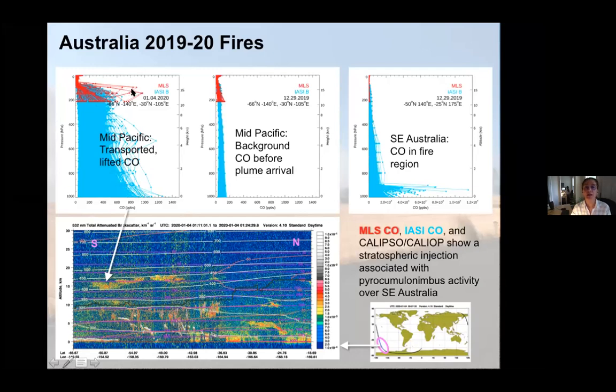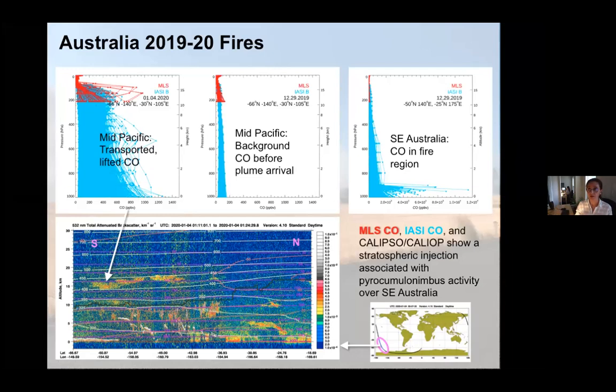MLS sees a peak around 15 kilometers, which according to the Calliope data, you have this layer of aerosols way over the tropopause. The tropopause is showing the black line here. So you have, in this case, an example of a fire producing a stratospheric injection due to pyrocumulonimbus activity.